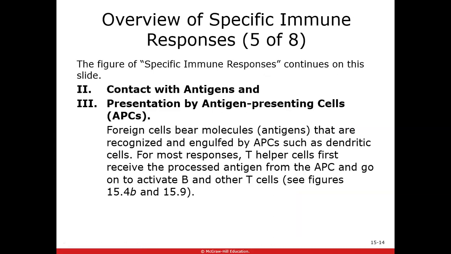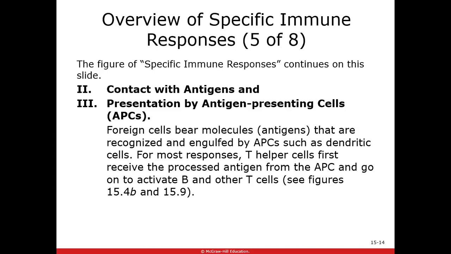Okay, so you have contact with the antigens and then presentation by antigen presenting cells. Foreign cells bear molecules or antigens that are recognized and engulfed by antigen presenting cells, such as the dendritic cell.